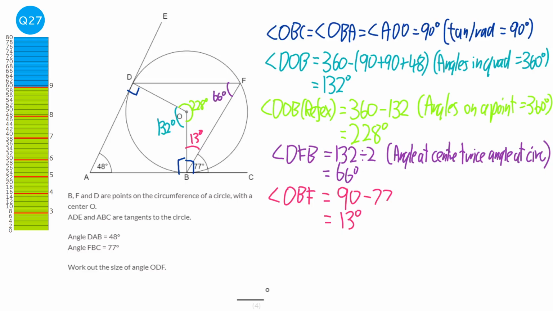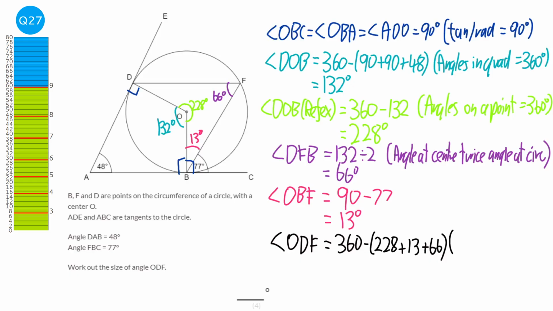And the final thing really here is that we've got a quadrilateral here, kind of an arrowhead, and we've got three of the angles, 1, 2, 3, and we're looking for the third one. So angle ODF is going to be 360, take away all the angles that we know, so the 228, the 13, and the 66.